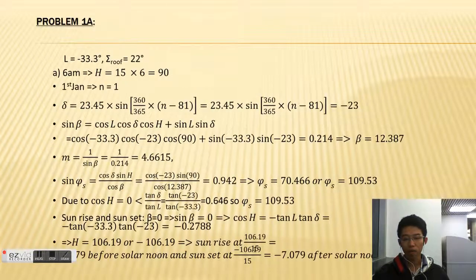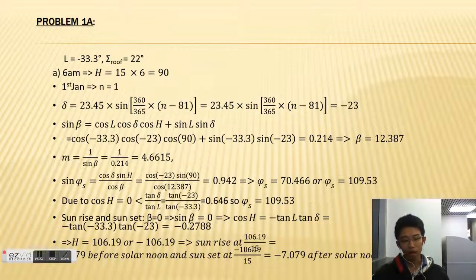Both are given. Firstly, in part A, we have to calculate the sun position at 6 a.m. on the 1st of January. This means that the hour before solar noon is 6 and n is 1. So we calculate the hour angle h. Then we substitute n into the formula to get the solar declination delta.